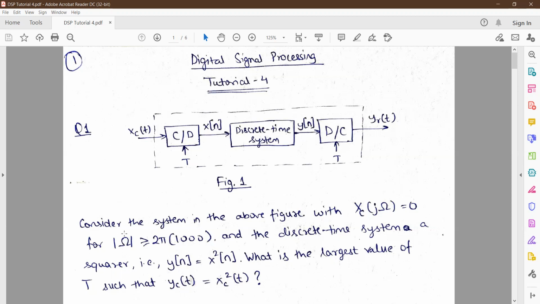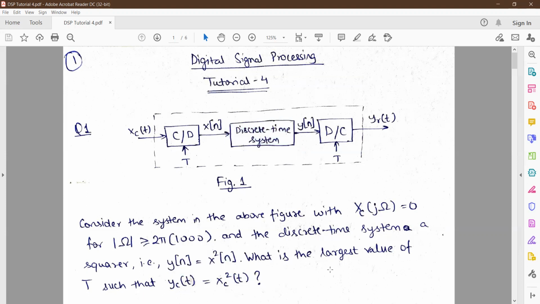The question says, consider the system in the above figure with Xc(jΩ) equal to 0 for Ω greater than 2π into 1000. So it is a band limited signal, and the discrete time system is a squarer, which means that this particular block over here is a squarer, so its output will be the square of its input.